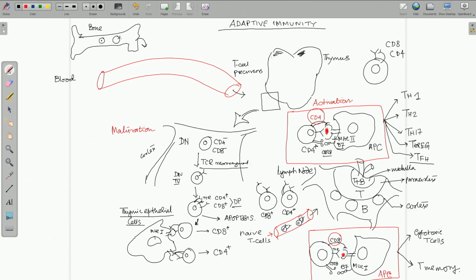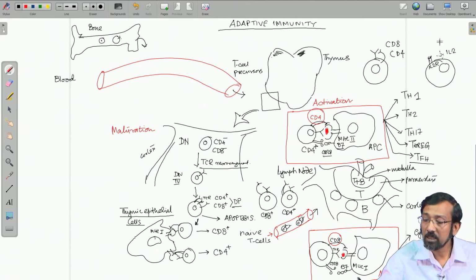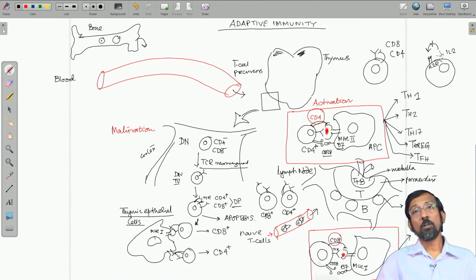Now, these T cells are activated, and what also happens here, these T cells now start to express on their surface the receptors for cytokines, for example, IL-2R, and they secrete IL-2 or interleukin 2, and this in turn leads to their differentiation.